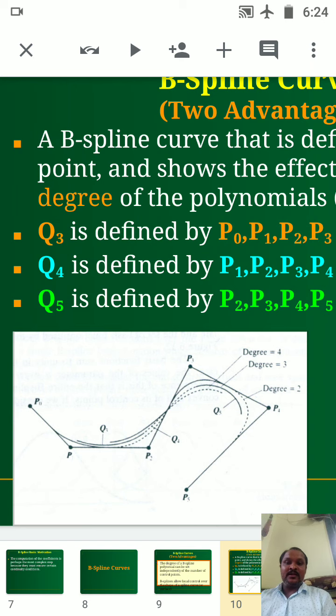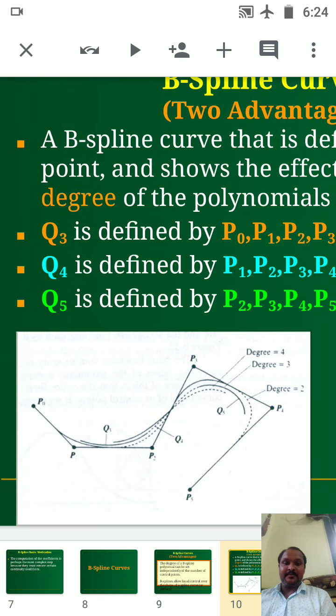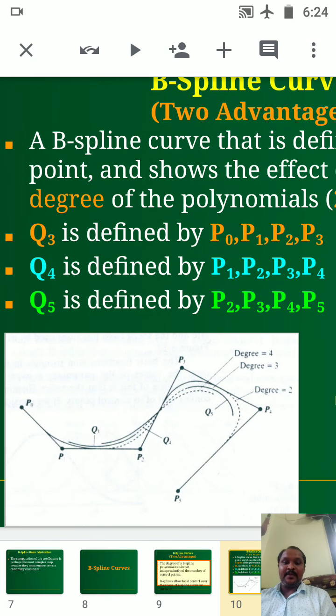So in this one, Q3, Q4 and Q5 will be defined with the control points. Suppose you take the curve as Q3, as shown in the figure. It will be defined by P0, P1, P2 and P3. This will be on the left side of the diagram, that is Q3.